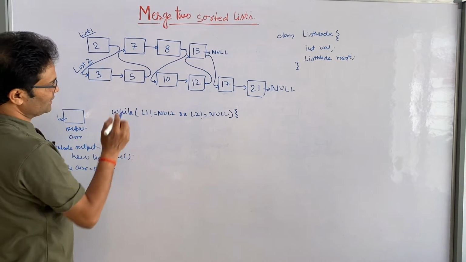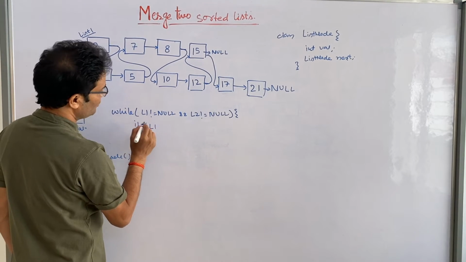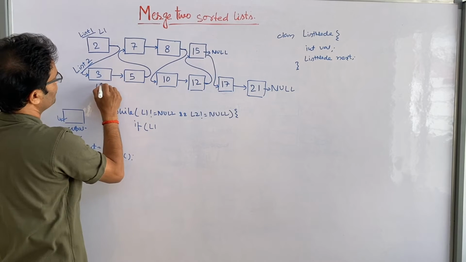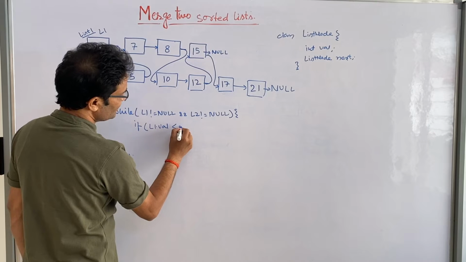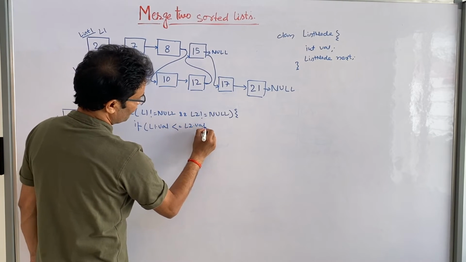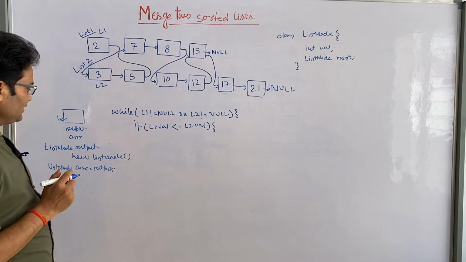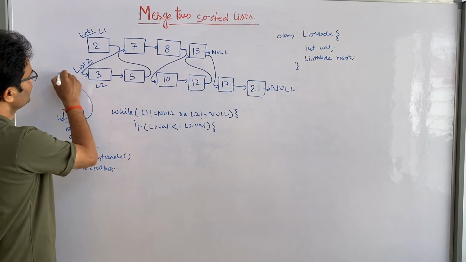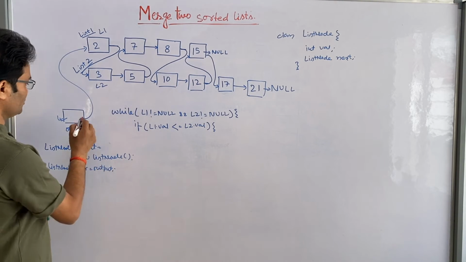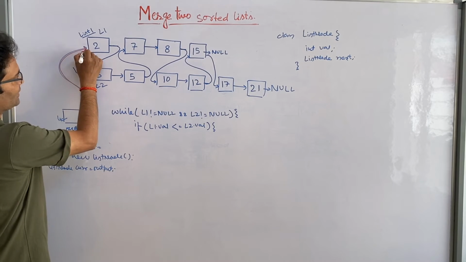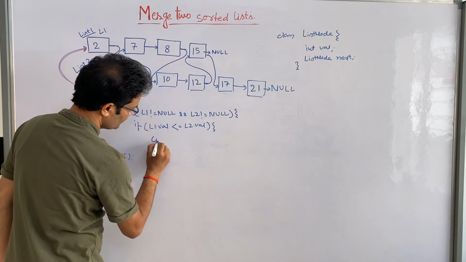Then we will start from here and check which is the lesser one. I am referring to this linked list as L1 and this linked list as L2. So if L1 value is less than or equal to L2 value, in this case, suppose this is the lesser, then current should connect here. I am using red color so it does not mix with the previous one. How will you connect?